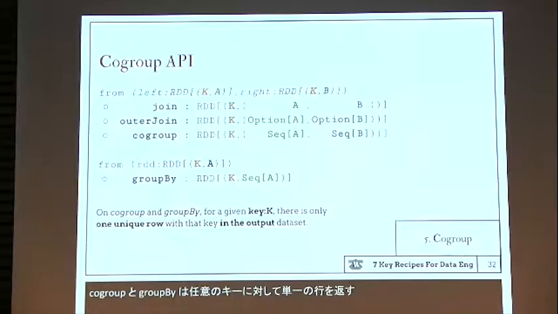This is the standard SQL join in the Spark API. If you do an outer join, the Scala type system forces you to use Option instead of null values, so you are tagging your values with Option.